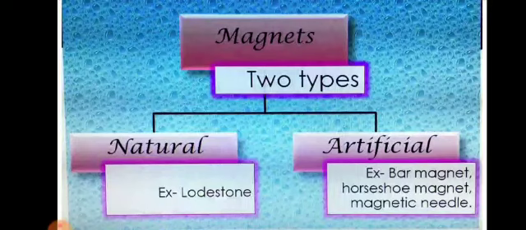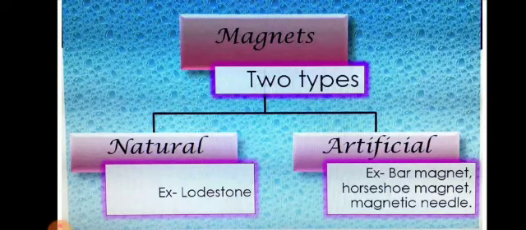Artificial magnets can be used at any time at any place. The magnetic property of artificial magnets is more than that of natural magnets. They are made up of steel and molded into different shapes. Shapes are horseshoe magnet, bar magnet, and magnetic needle that is present in a compass.